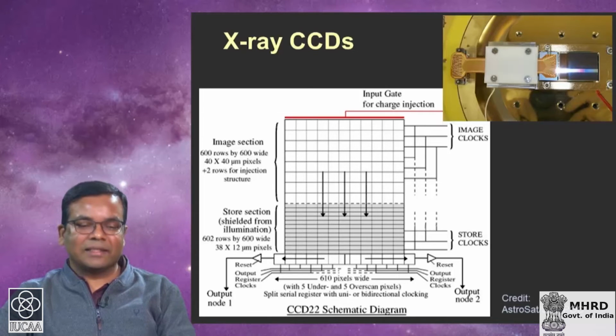In X-ray CCDs, there are two parts. One is called the image section, and the other is called the store section. The store section is shielded from illumination. The X-ray photons interact with the pixels in the CCD in the image section. Those charges generated are transferred to the store section and finally read out. In such a detector, one can read out the amount of charge created by individual X-ray photons, which is a measure of the X-ray photon energy.